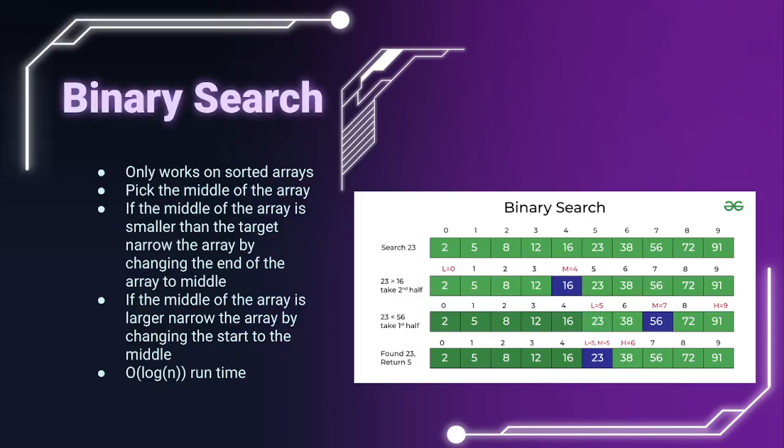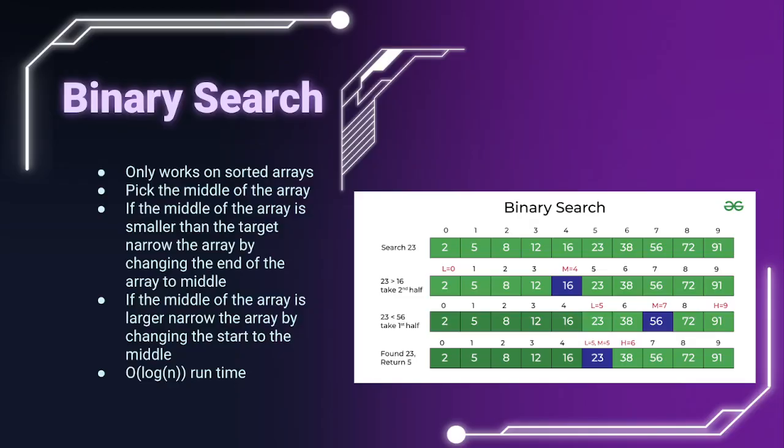But if you have to look through an entire array, let's assume the array has n elements, then it's going to be O of n for your search. Now, binary search is a clever little algorithm that you can use on sorted arrays, only sorted arrays, to make your search logarithmic. So instead of having to do a linear search in O of n, it would take O of log n to find your element.